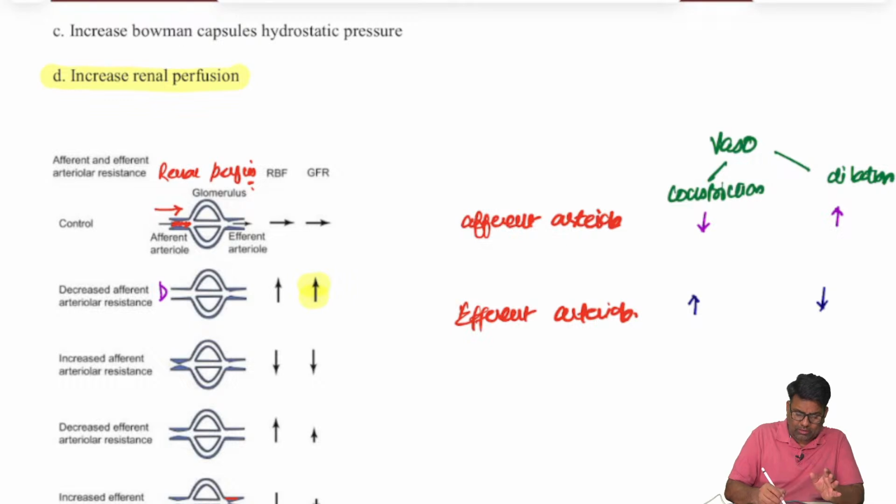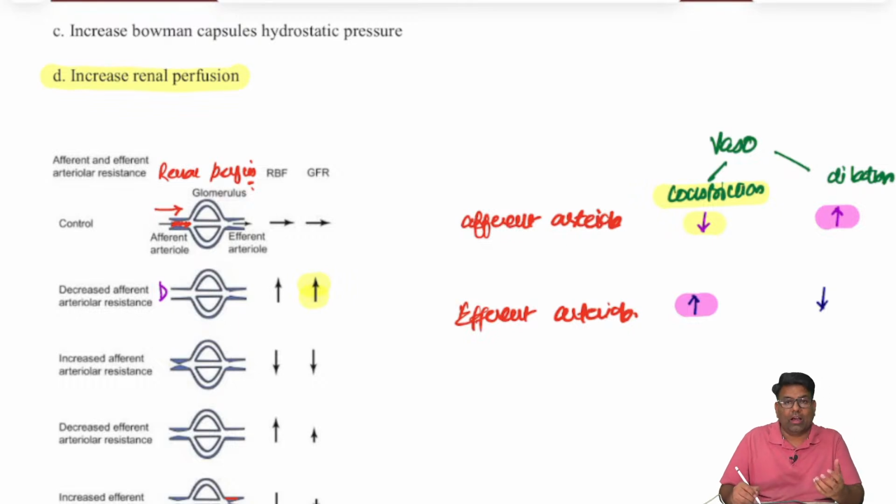So, in simpler words, you can remember it is just opposite. Afferent arteriolar vasoconstriction decreases GFR. Efferent arteriolar vasoconstriction increases GFR, right? Similarly, afferent arteriolar vasodilation increases GFR, but efferent arteriolar vasodilation decreases GFR.